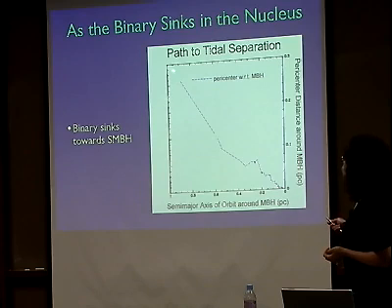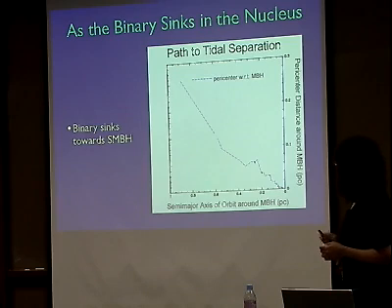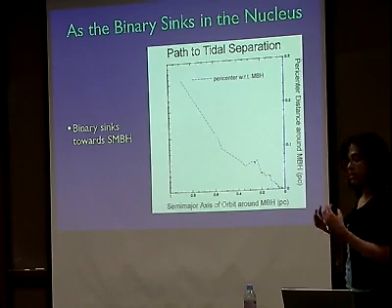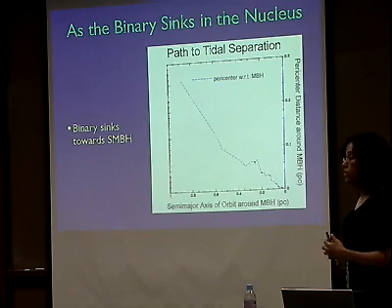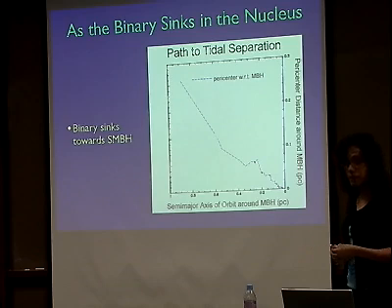This just shows the binary in this blue curve sinking towards 0, 0, where the supermassive black hole is lurking. One thing to remember is that the presence of the supermassive black hole speeds up the encounters in these interior regions. So as you get closer and closer here, the encounter speeds increase, which means that the binary becomes softer and softer just through the process of sinking.